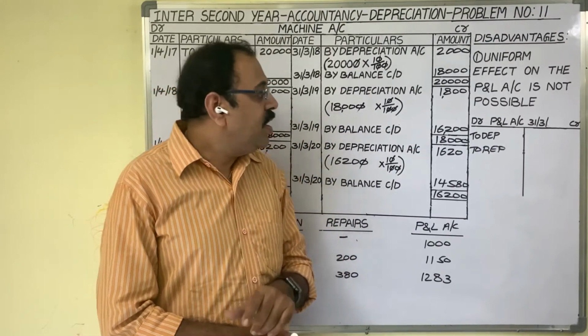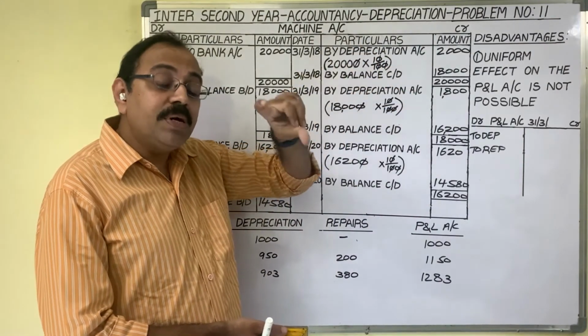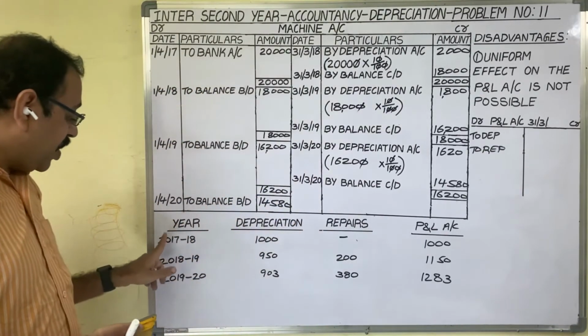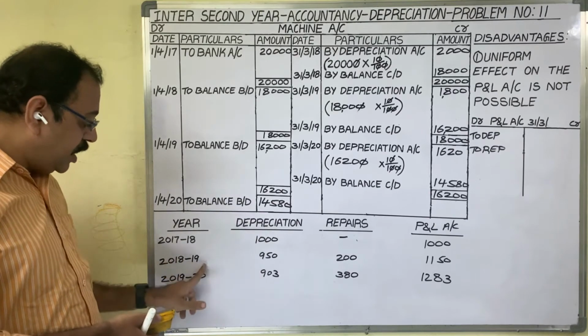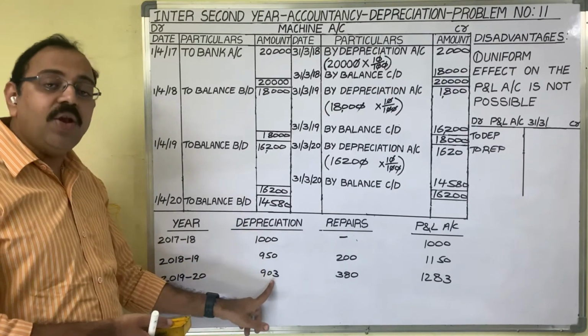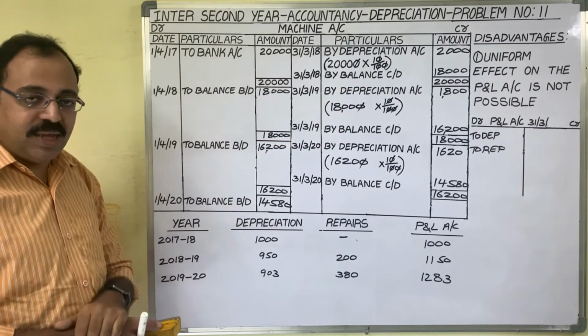For example, instead of 10%, if the firm provided 5% depreciation on fixed asset, then first year depreciation becomes 1000 rupees, second year depreciation 950, and third year depreciation 903. What is the net effect on profit and loss account? Let us see.